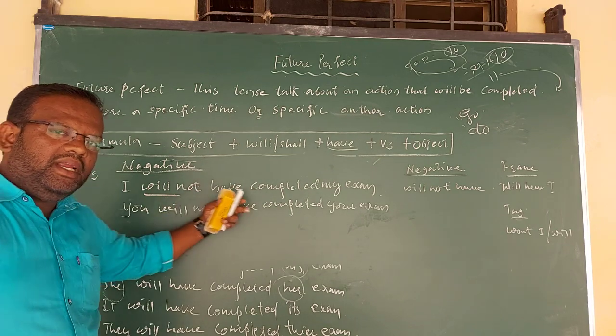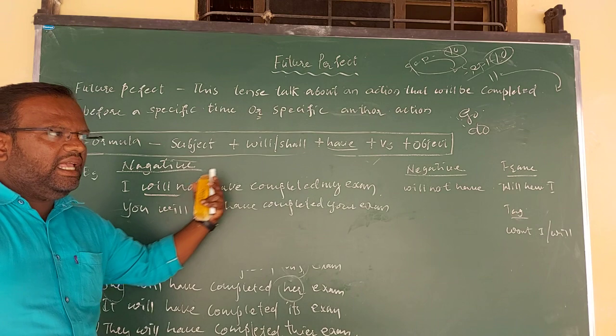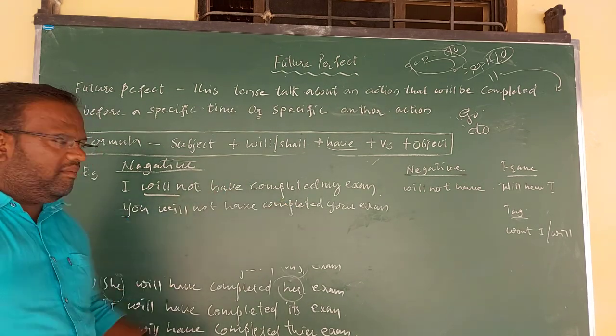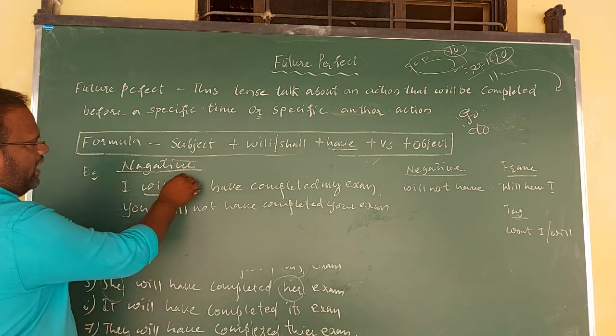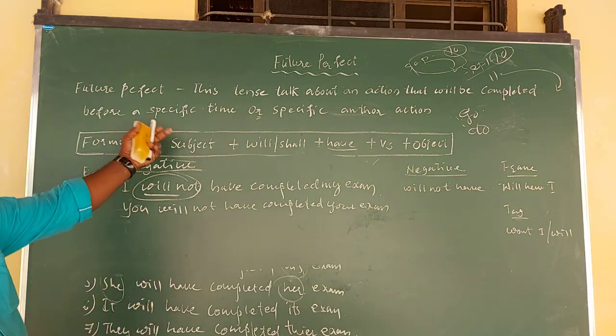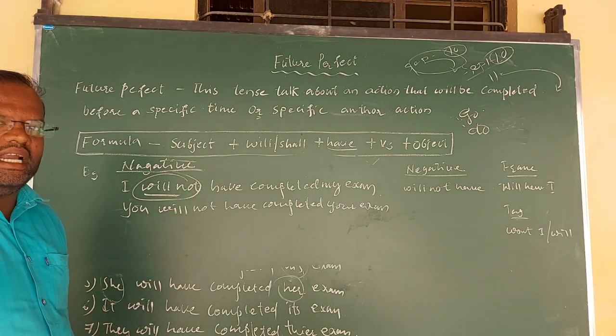It will not have completed its exam. He will not have completed his exam. They will not have completed their exam. So in this manner, we have to add not to the helping verb, then definitely the sentence itself will convert into the negative form. Hope you are understanding the things.